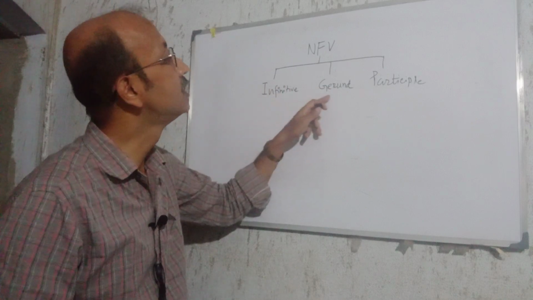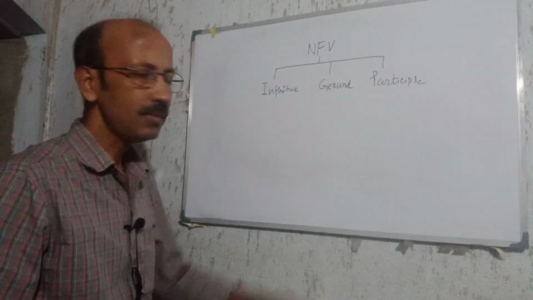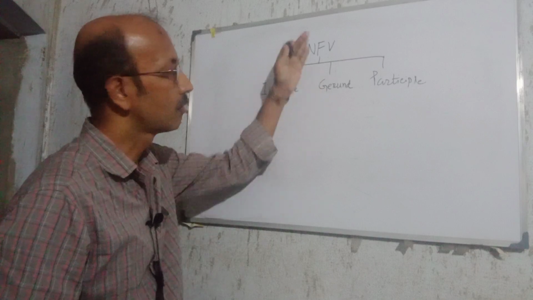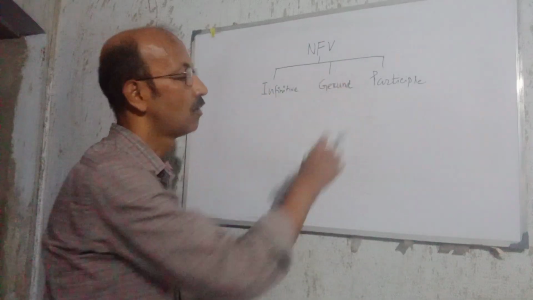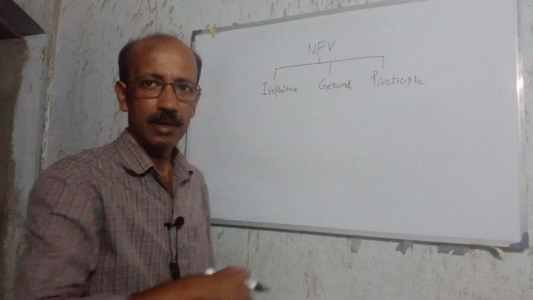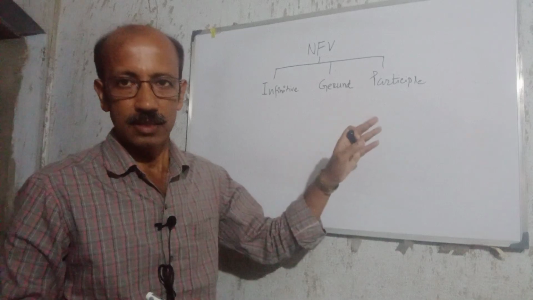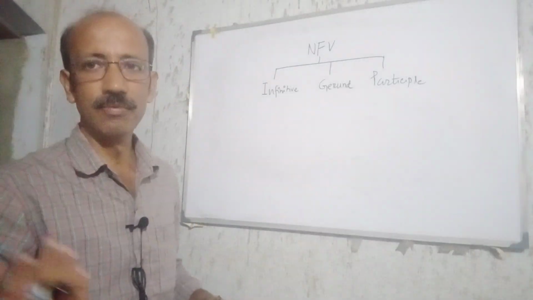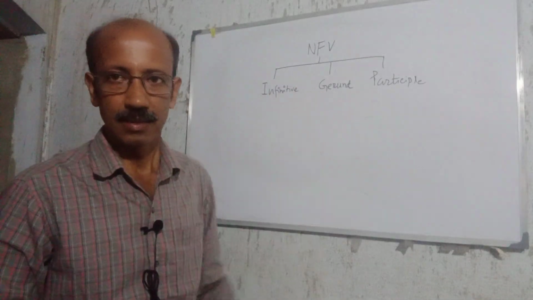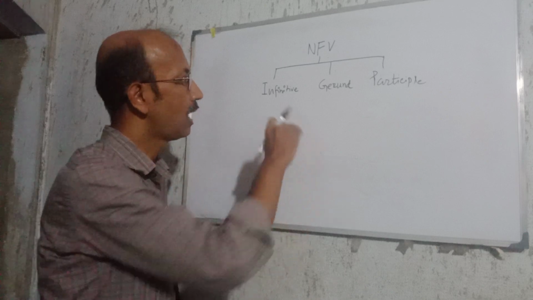All these three are part of non-finite verbs. I will give you an overall view today, and in my later videos I will discuss each part in detail, but today I will give you a bird's eye view.